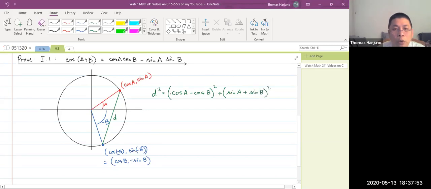I'm supposed to put the square root, but I squared it. That way I don't need to deal with the square root all the time. And then I will FOIL this and FOIL that. That's the extension of the first foil, plus the extension of the second foil.